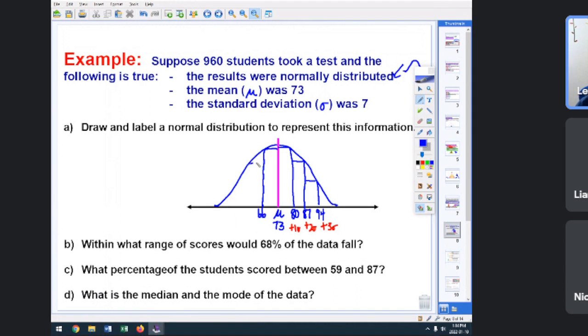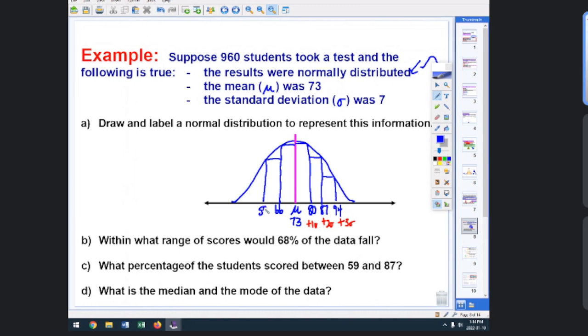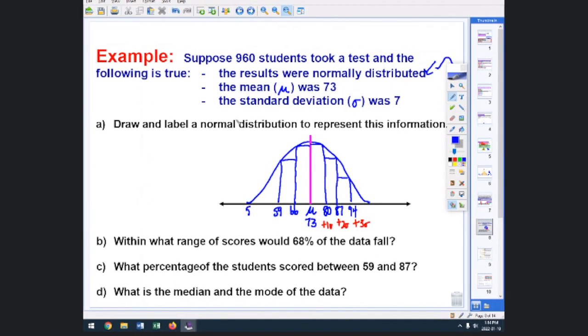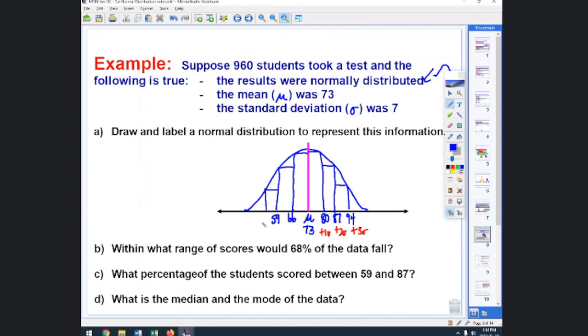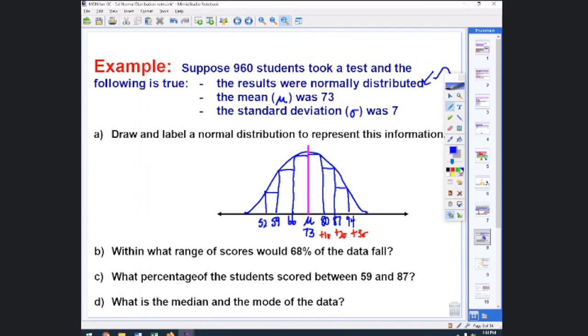And then if I subtract another 7, I'm down to 59, and then this last one would be 52. So on this side, though, it's minus a standard deviation. It's minus 2 of those, which is basically minus 14. And this is minus 3 standard deviations.